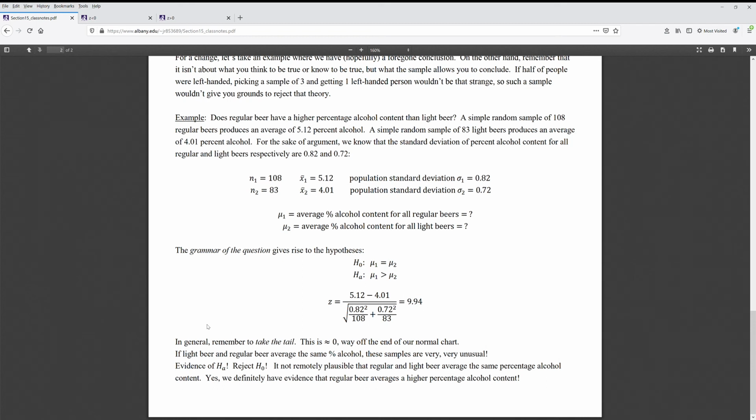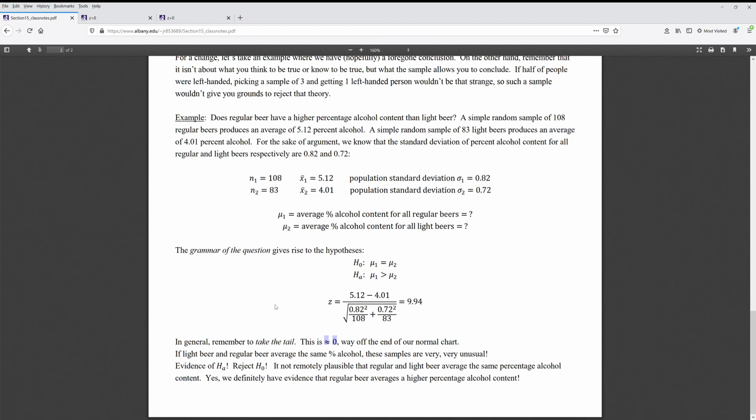Well, it's virtually impossible if regular beer and light beer have the same average alcohol content, then the probability of, through random chance alone, picking 108 regular beers and 83 light beers and having this turn out to be as much bigger as this than it is simply through random chance is virtually impossible.